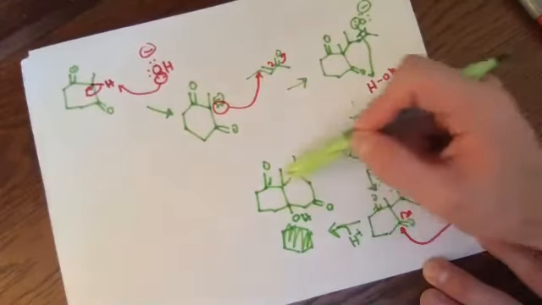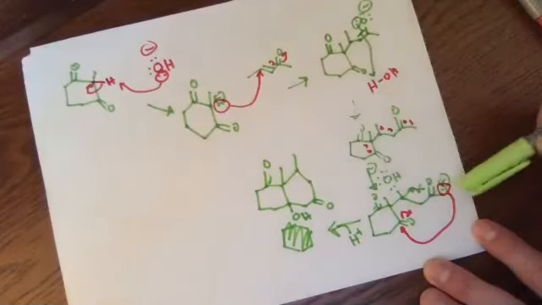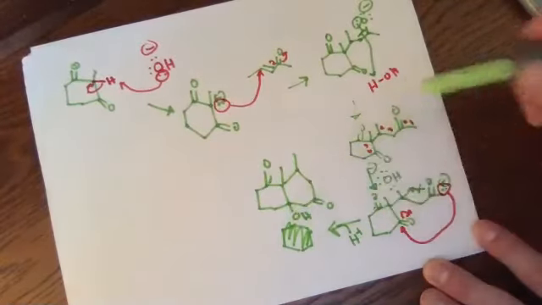So that's our 6-membered ring here. Still have this methyl group, still have this methyl group, still have this ketone. This turns into an alcohol.